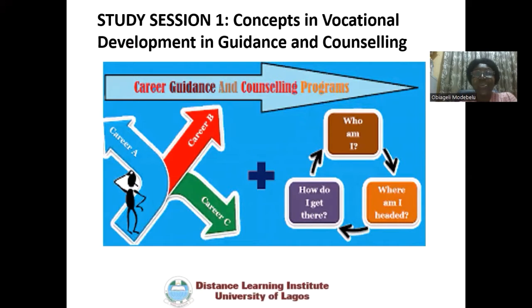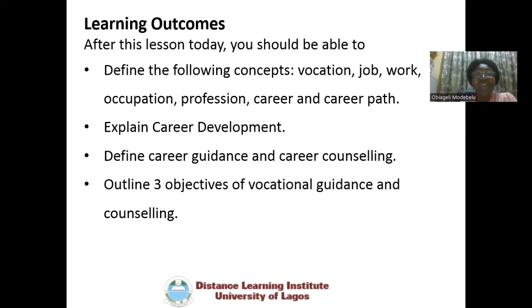Today, we will be looking at study session 1, which is Concepts in Vocational Development in Guidance and Counseling. After you have participated in this lesson today, you should be able to define the following concepts very well: vocation, job, work, occupation, profession, career, and career path, and other concepts that we will come across.